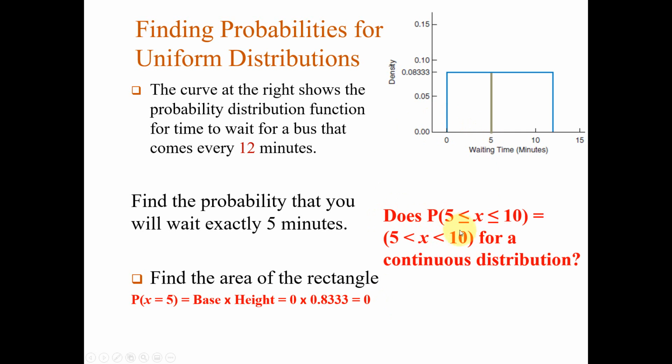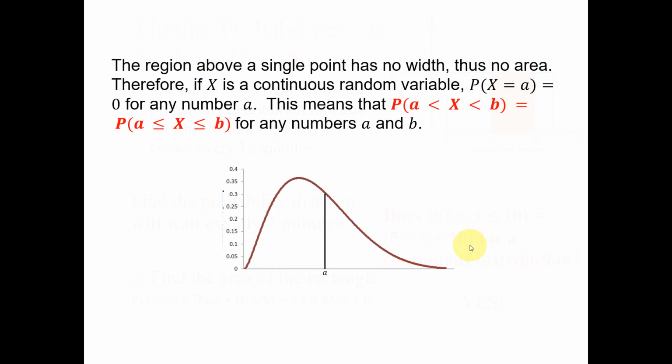Does the probability of 5 less than or equal to x less than or equal to 10 equal the probability of 5 less than x less than 10 for a continuous distribution? The answer is, I'll let you guess, yes. It's the same. The region above has a single point with no width, thus no area.